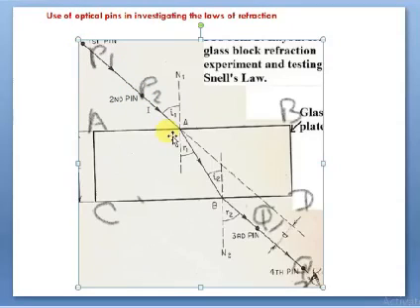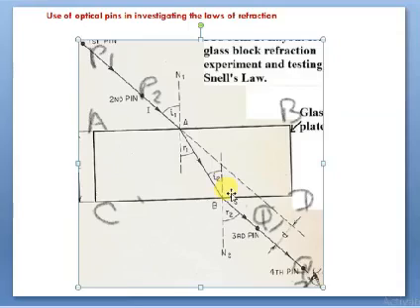Now you use a sighting pin, that is Q1 and Q2. Place them in a straight line with the images of what? P1 and P2 when you view it in your rectangular glass block or your rectangular glass what? Prism.